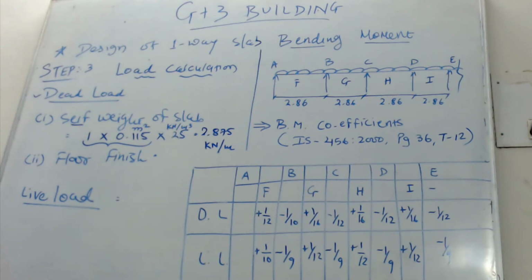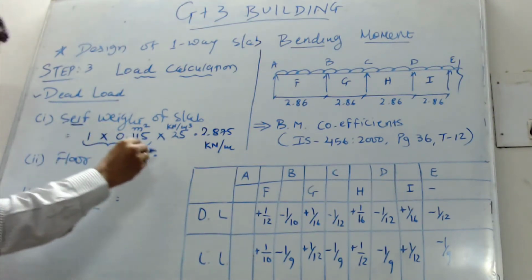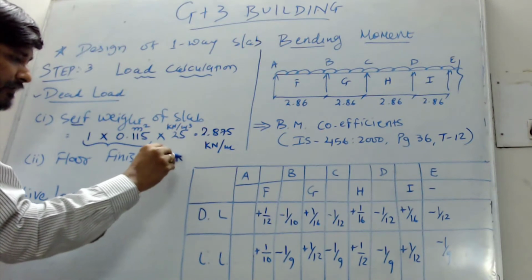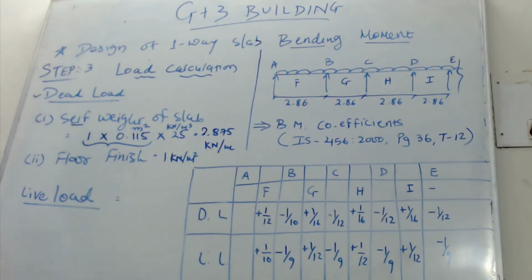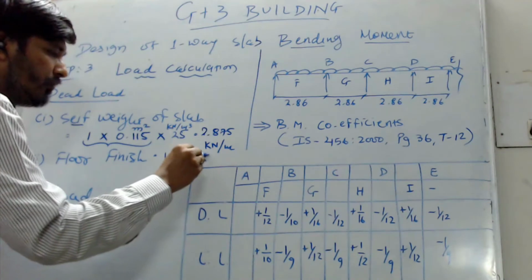Second load that we need to consider in dead load is floor finish. If you see the data, it is given as 1 kilonewton per meter square. This is area load given. We need to convert this into per meter length, because we are doing the design of 1 meter only. So multiply by 1 meter.